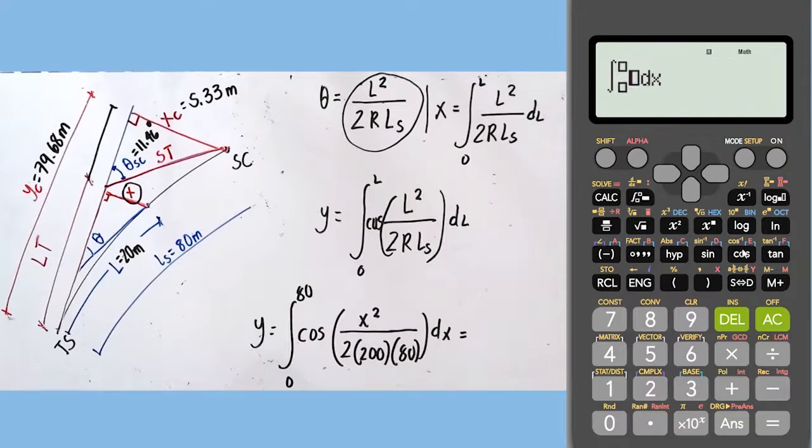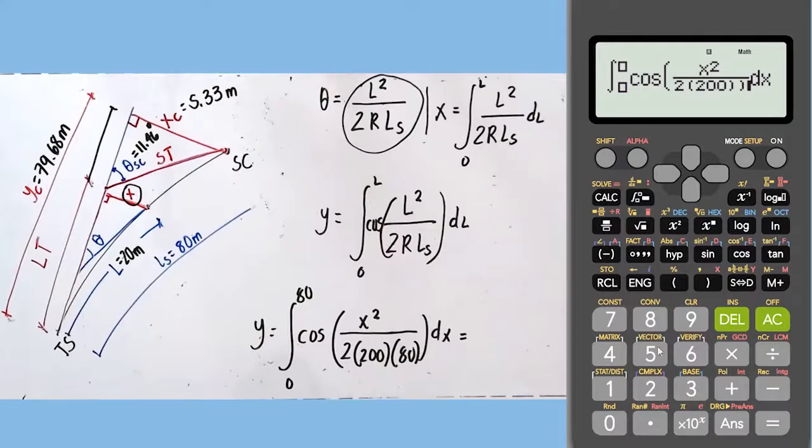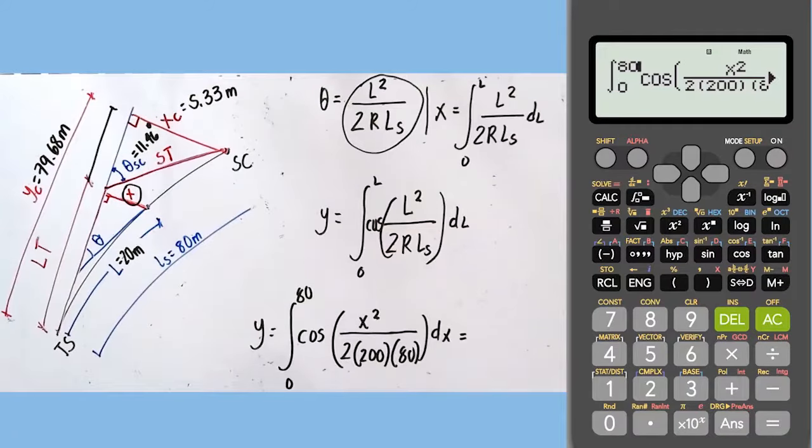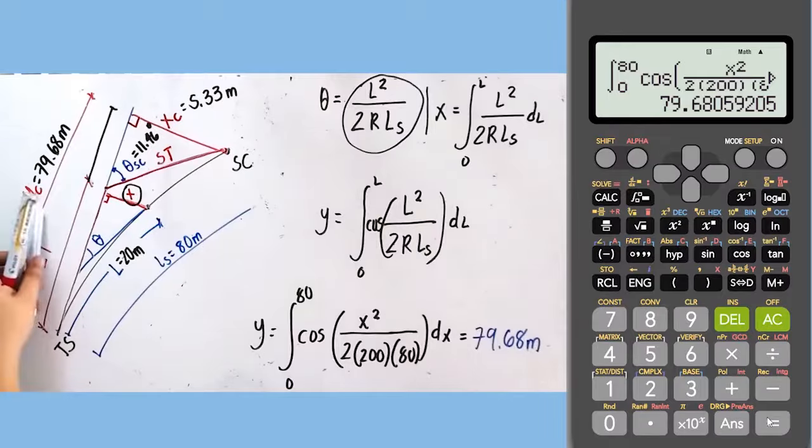And then you integrate cosine of alpha x squared over 2 times 280. After typing this, press equals, and the answer is the same, 79.68 meters. So you see, the answer is the same.